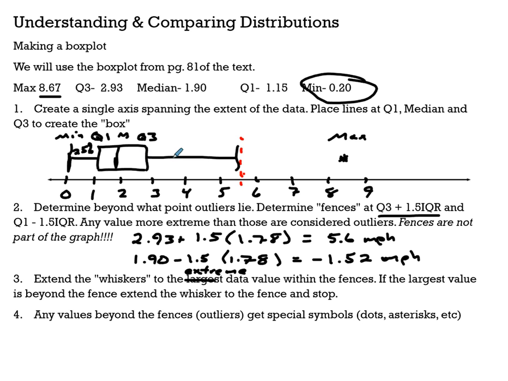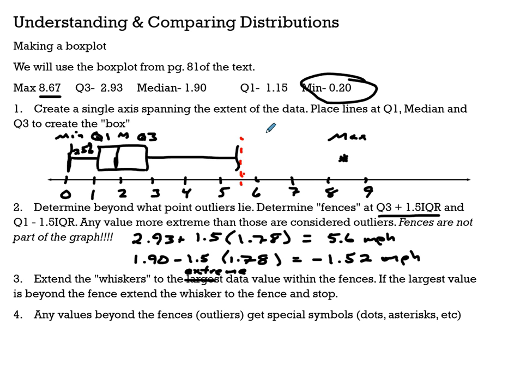Then this whole distance from Q3 all the way to the maximum is the remaining 25%. We don't know what this cutoff is, because the 5-number summary is the min, quartile 1, the median, quartile 3, and the maximum. This is the box plot that corresponds to this 5-number summary.